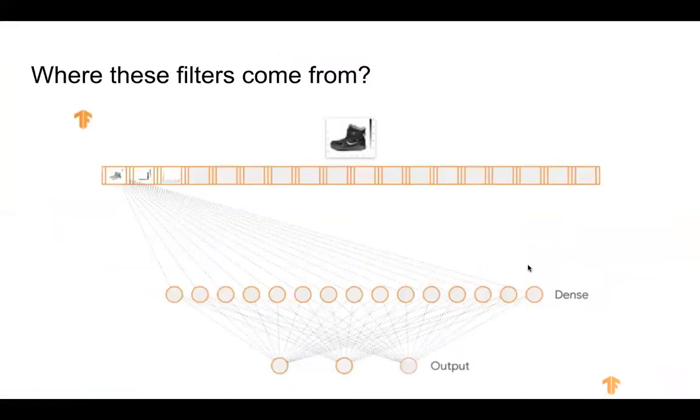And then what we should understand is where these filters come from. So we already know that we need to apply some filters, and based on the values in these filters, we get different filtered images, right?